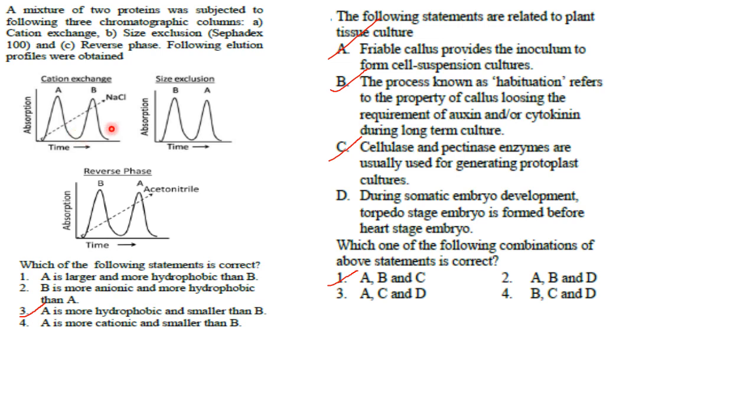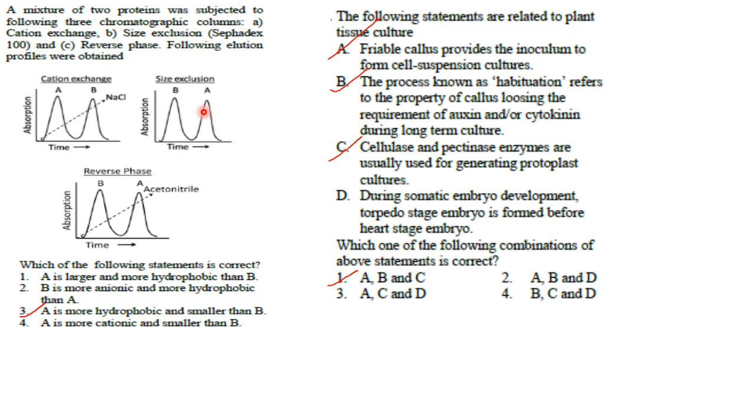So this is cation exchanger, this is size exclusion and this is reverse phase. Which of the following statements is correct? So here if you see the cation exchanger, the molecules which are more anionic will bind to the cation exchange column, and the more anionic it is, it will be eluted last. So B is more anionic as per this particular graph, that is why it eluted in the end.